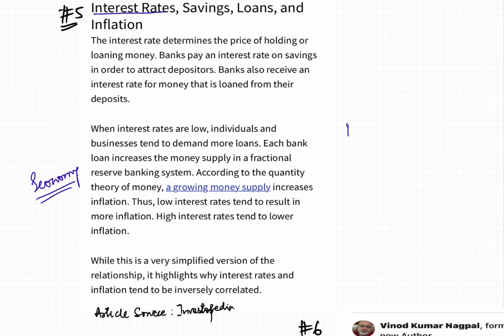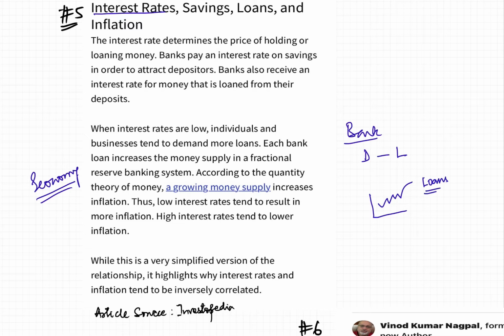Now, what is the purpose of a bank? A bank's purpose is to get deposits and give loans, right? Now, when the economy is in the growth stage, industries need money, or industries want loans.